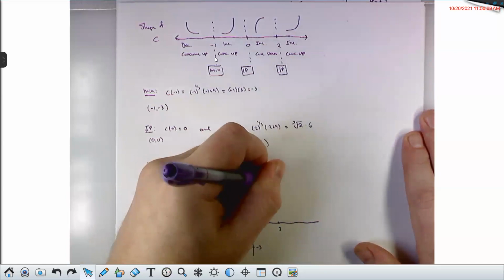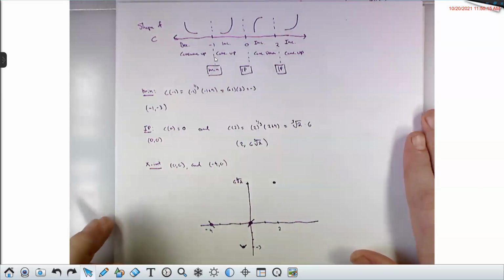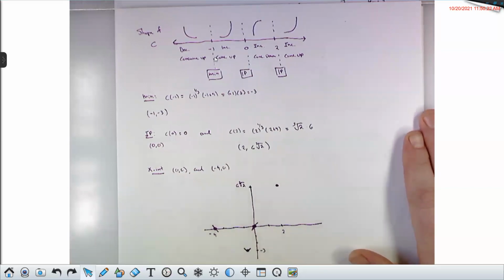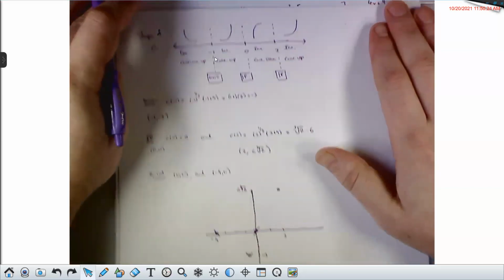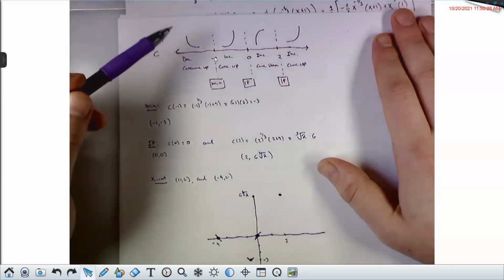There's my other inflection point. What else is worth noting here? I got approximately 7.56 for that one. I just plugged it into a calculator.